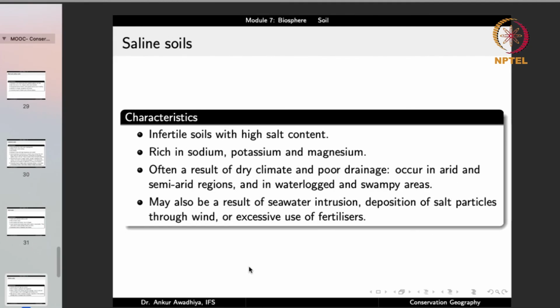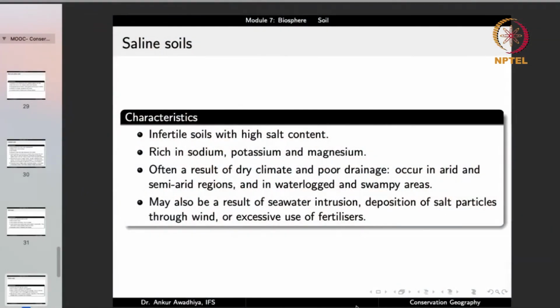We have saline soils, which are infertile soils with high salt content. Most of the plants just die in the saline soils. They are rich in sodium, potassium, and magnesium, often a result of dry climate and poor drainage. They occur in arid and semi-arid regions and in waterlogged and swampy areas. So basically, if you have an area where you get water from the rivers, but this water has been brought artificially and it evaporates, the salts that are there in the water get accumulated in the soil.